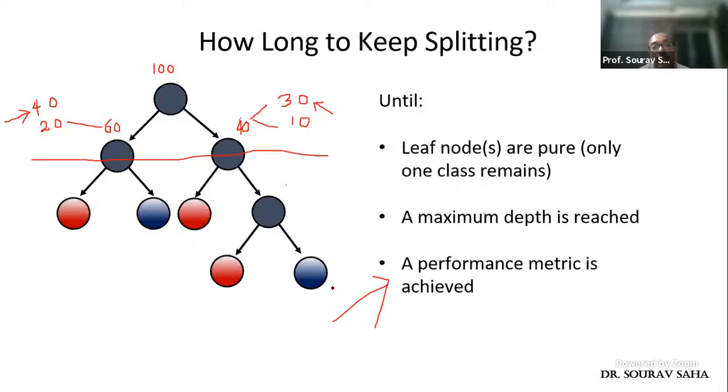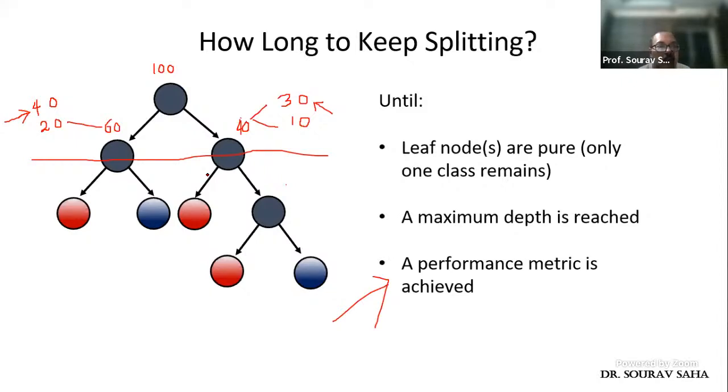But in the case where the tree is prematurely stopped, obviously, I'm going to have some kind of heterogeneity. And in the heterogeneity part, wherever the majority class is there, that will win.